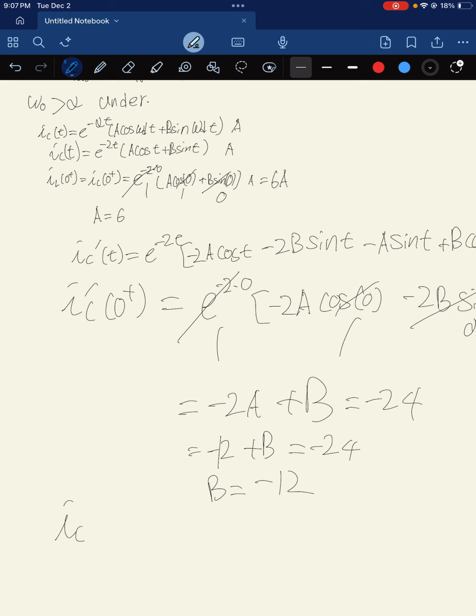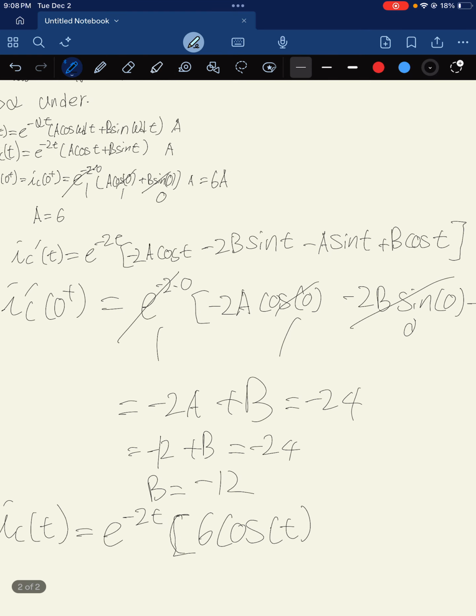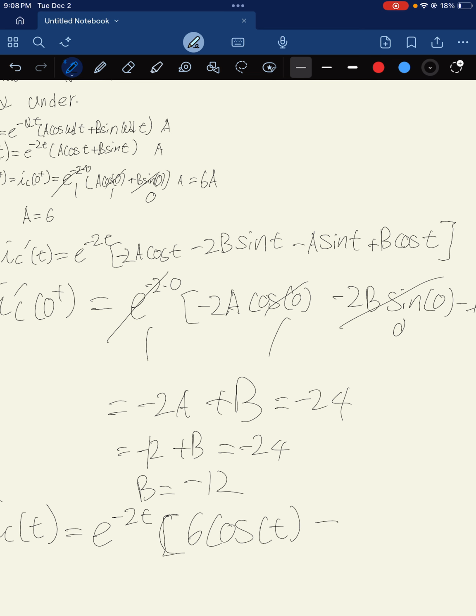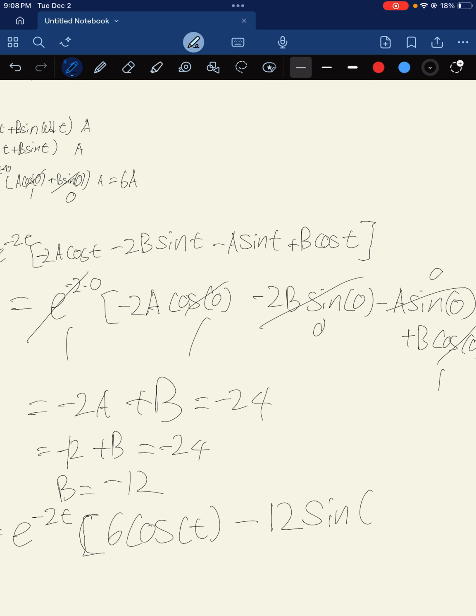So IC(t) is equal to e to the negative 2t times 6 cosine t plus negative 12 sine t.